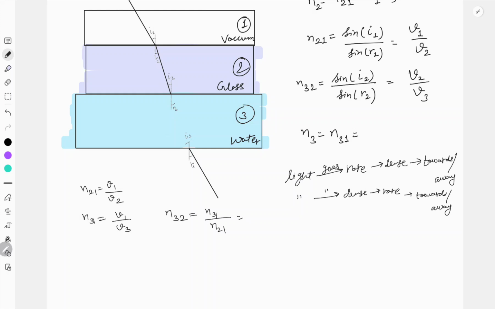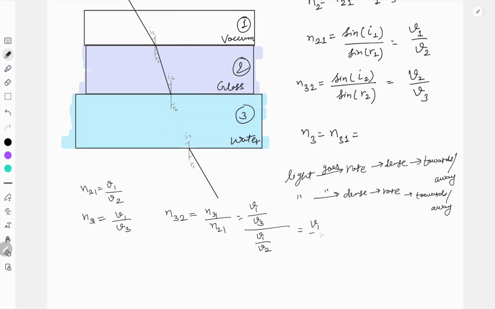Why? Because if I take the values here and divide, if I write v1 by v3 divided by v1 by v2, I will get v1 and v1 will cancel out.